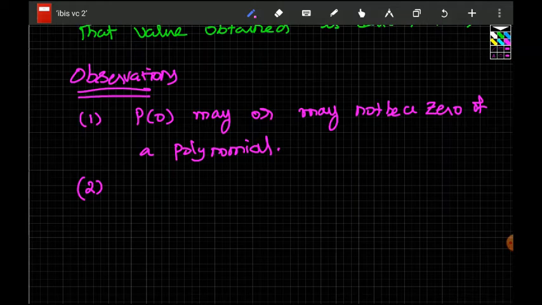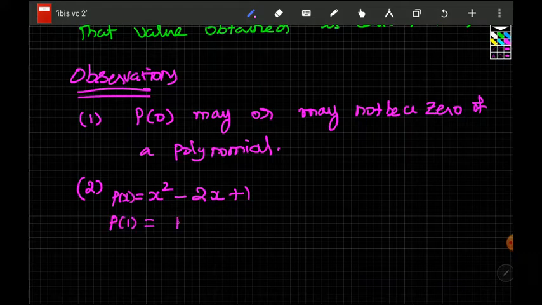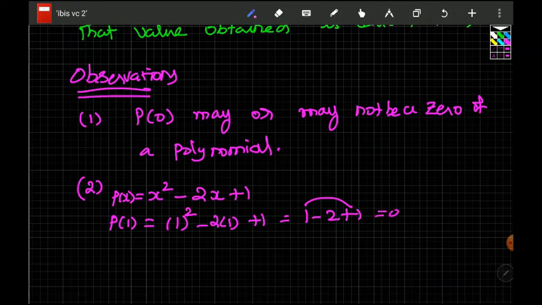Okay, so x square minus 2x plus 1. If this is our P of x, P of 1 will be 1 square minus 2 into 1 plus 1. 1 square is 1, minus 2, plus 1, 1 plus 1 is 2, 2 minus 2 is 0. There will be only one value, which is 1, for which this polynomial gets 0.